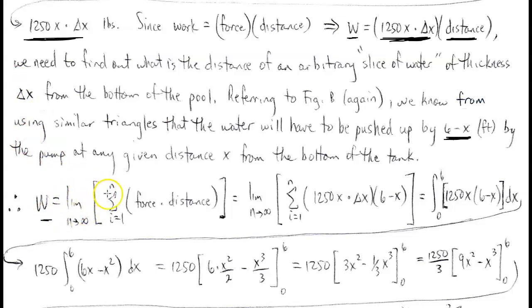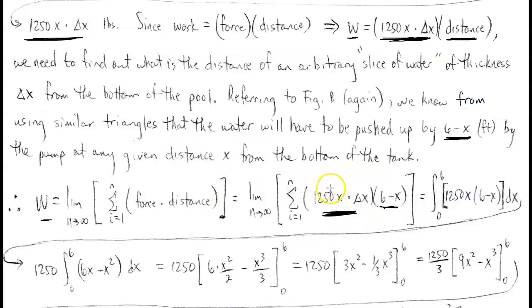So from that, we see that the work is just going to be, and this is just being a purist here, the summation of the force times the distance of all the little slices of water. So this is going to be the force of the weight of the slice of water times the distance that that slice of water has to travel.